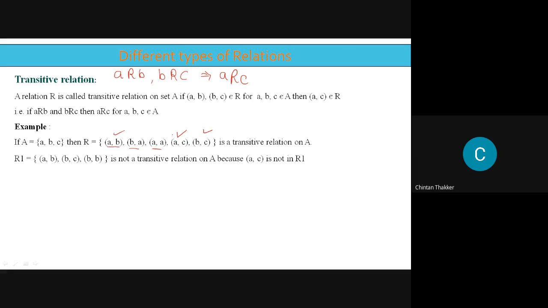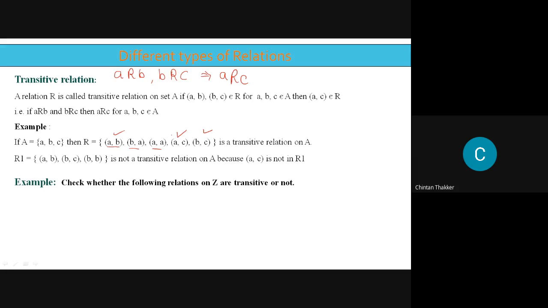Therefore, R1 is not a transitive relation on set A. Okay. Now we take some examples for the transitive relation and then we go for the equivalence relation. Okay.